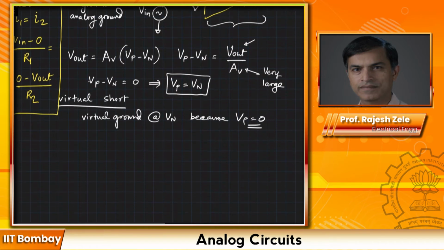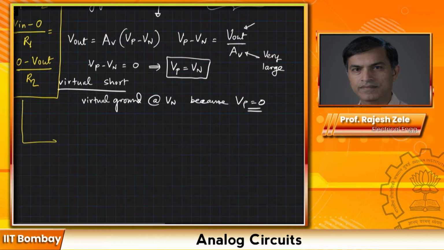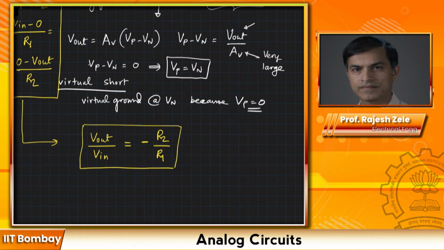With these two equations, you can easily convince yourself that Vout divided by Vin is equal to minus R2 divided by R1. So this is our final equation. Here the negative sign shows it's an inverting amplifier.